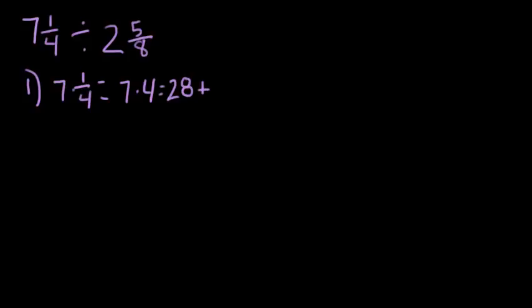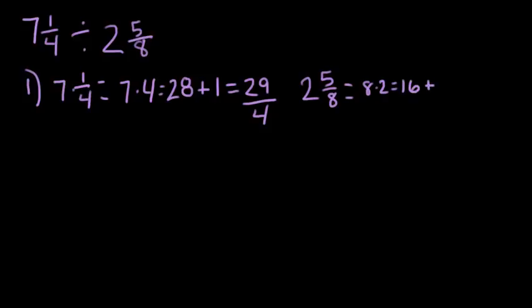Adding in the numerator, that's 1, will give you 29 over the denominator, 4. Second part of that, 2 5/8. Denominator times the whole number, 8 times 2, 16, plus the numerator, 5, 21 over denominator of 8.